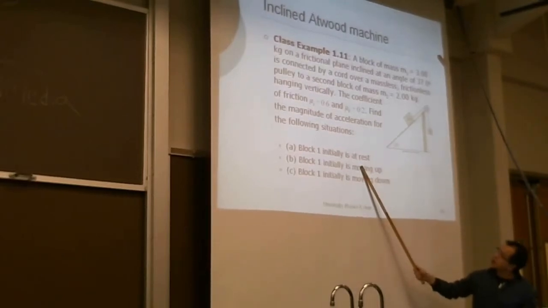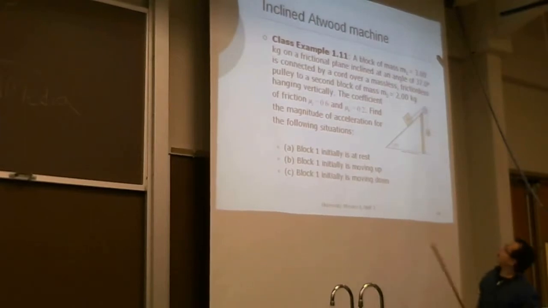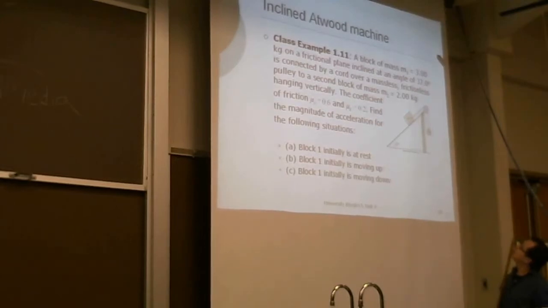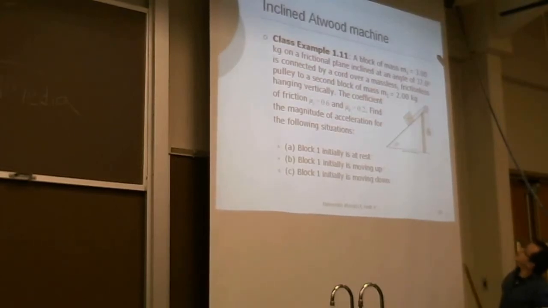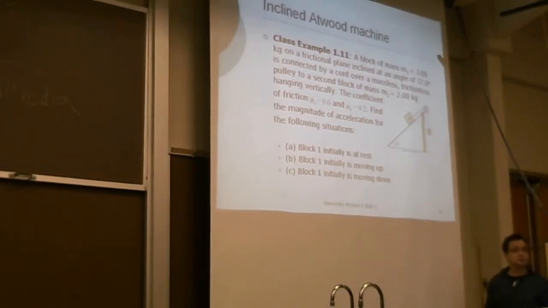In situation 1, what kind of friction do you have? Static friction. And by the way, do you know the direction of the static friction in this case? Up the ramp. In fact, it's hard to say at this point.